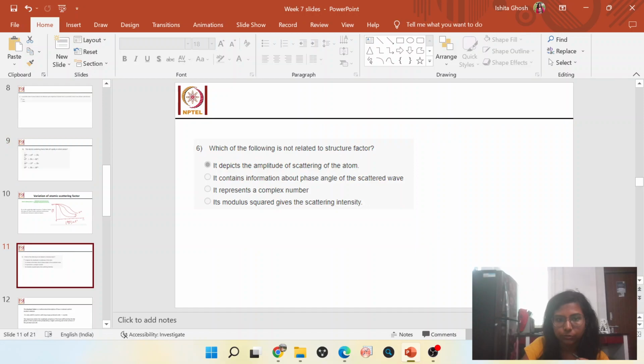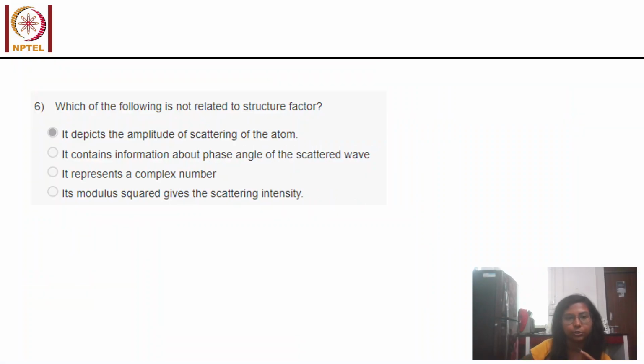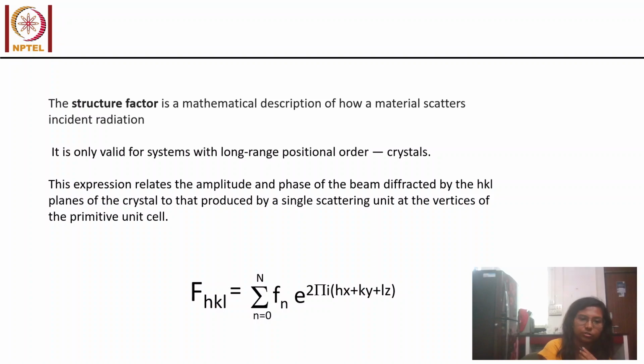Then we have the next question: which of the following is not related to structure factor. From the atomic form factor we come to the structure factor. What is the structure factor? It is a mathematical description of how a material scatters incident radiation, and it is valid only for systems with long range positional order, or crystals.